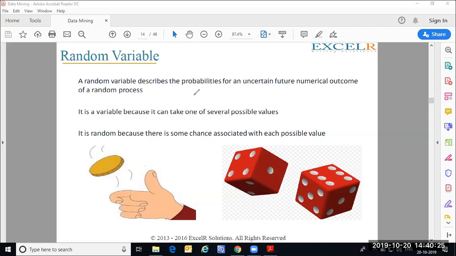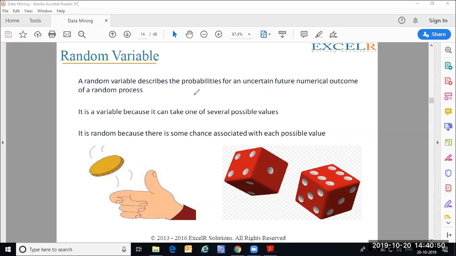When you perform an experiment, there's always an equal possibility or probability associated for all the possible outcomes to be an output.